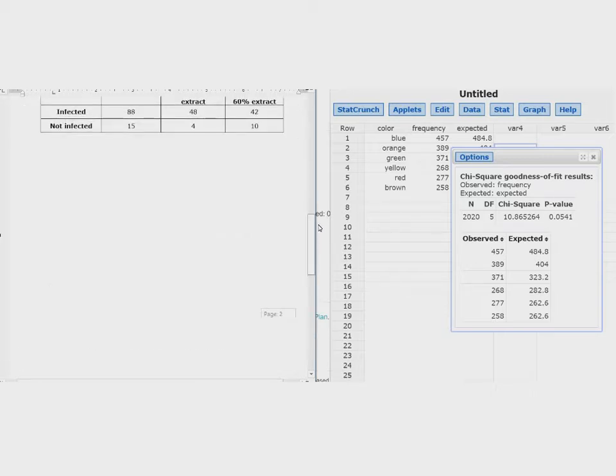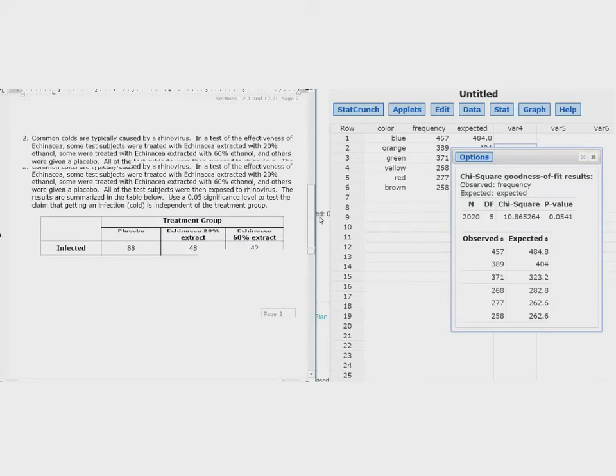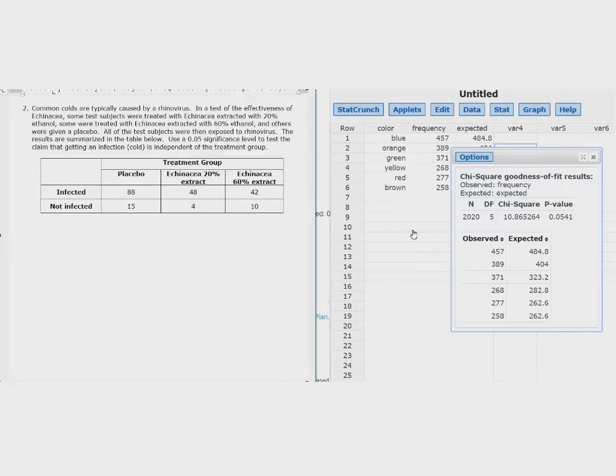Okay, the last thing we're going to look at is a test for independence. So in this problem, this was a study that looked at the common cold and whether echinacea was effective in dealing with cold infections or not. So we had 3 treatment groups.